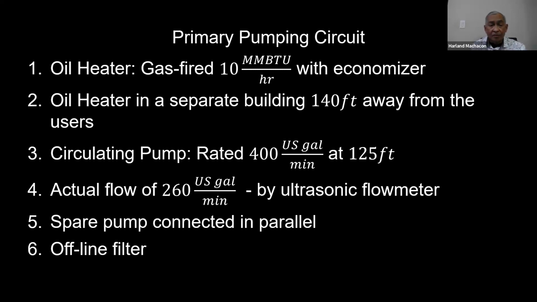But the actual flow is only 260 US gallons per minute as measured by the ultrasonic flow meter. We have a spare circulating pump, which is connected in parallel to the main circulating pump. And we have a filter, which is connected offline.